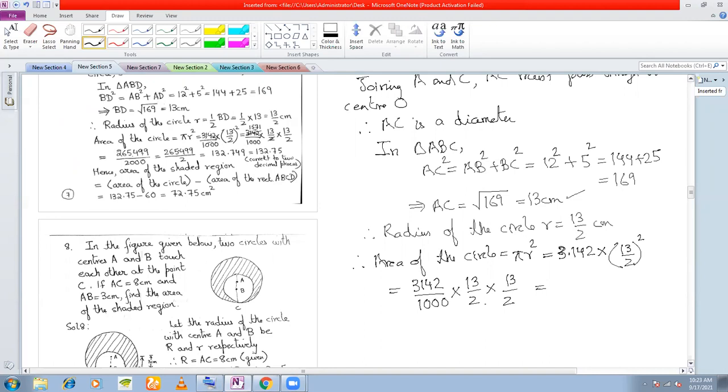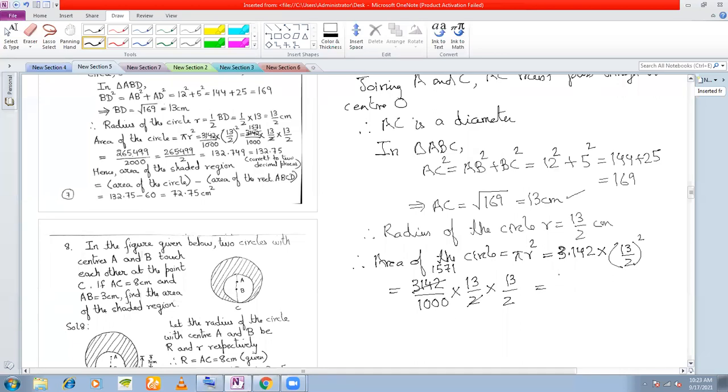Okay. So now we shall calculate. You can cancel this, 1571 times. And now you see you have only 2 and 1000 in the denominator, right?